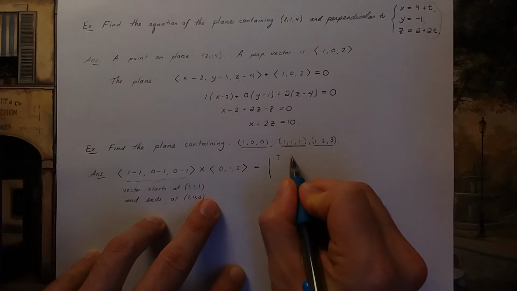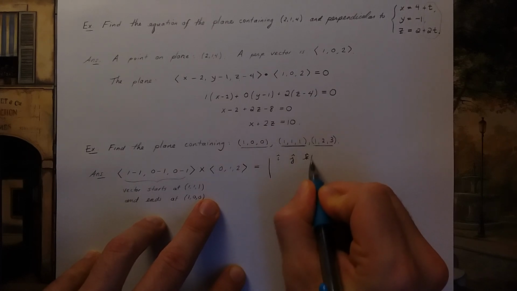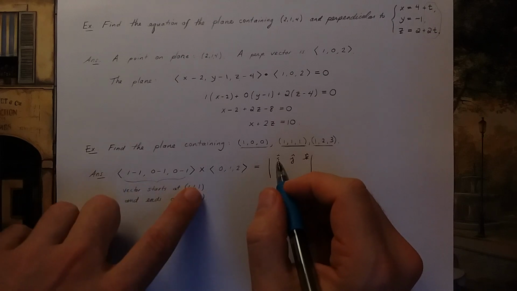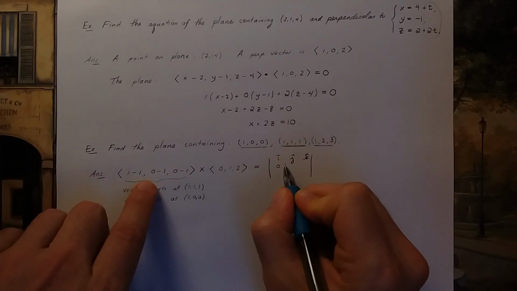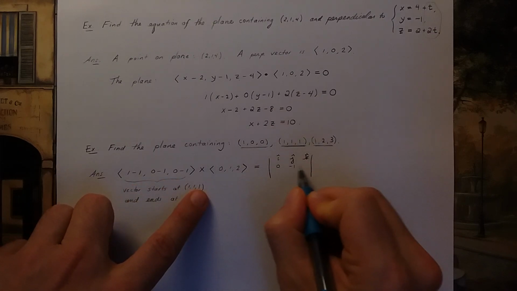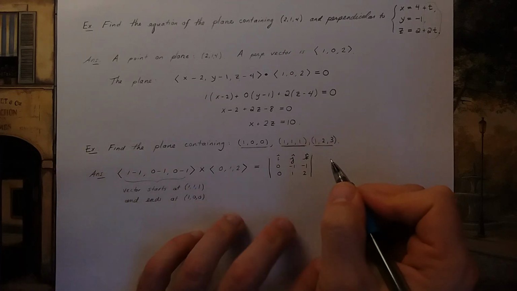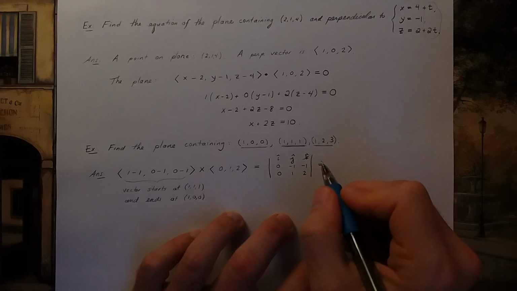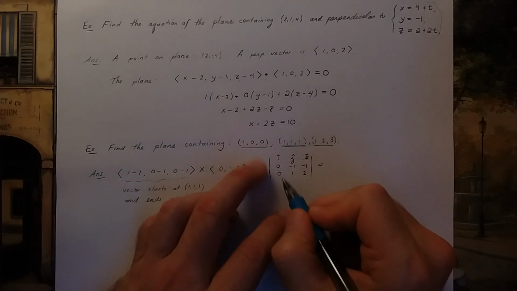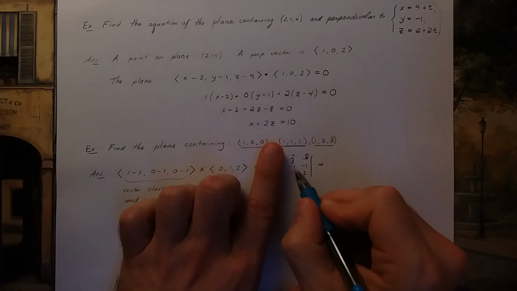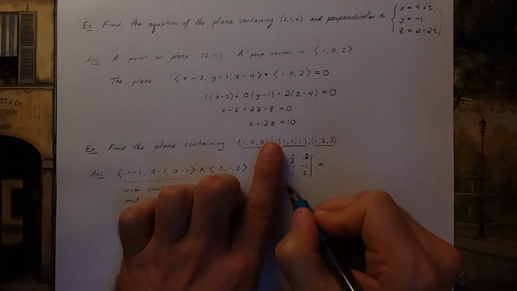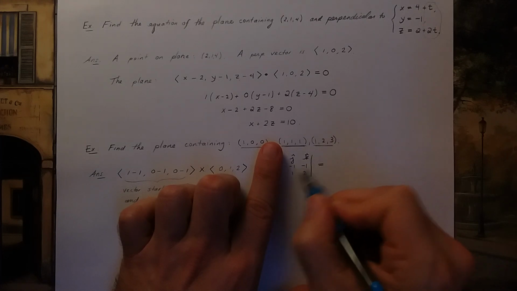So I write my i, j, k down. I put this vector in the middle. This is the vector (0, -1, -1), and below it (0, 1, 2). Taking the cross product, the coefficient in front of i hat would be -2 minus a -1.